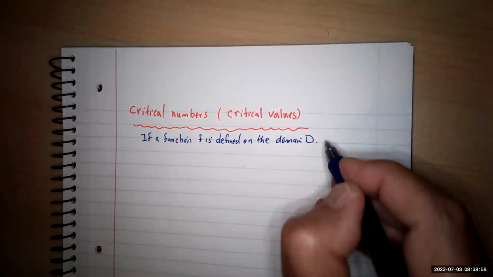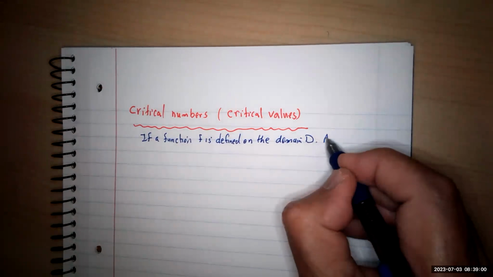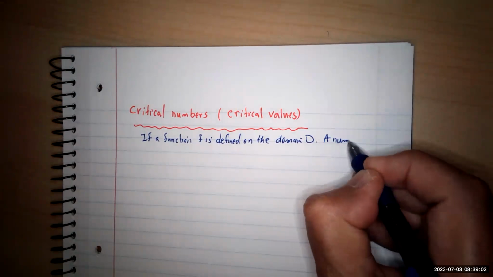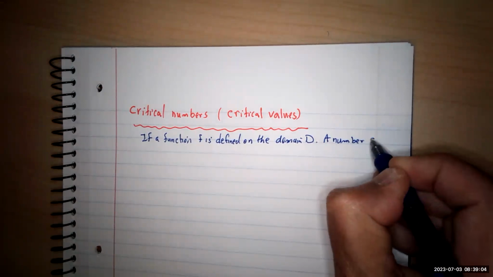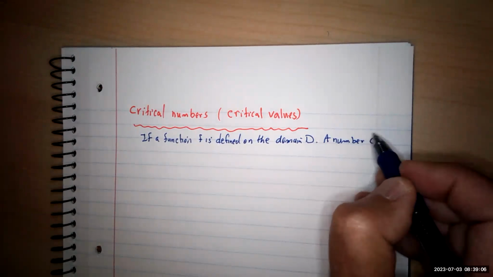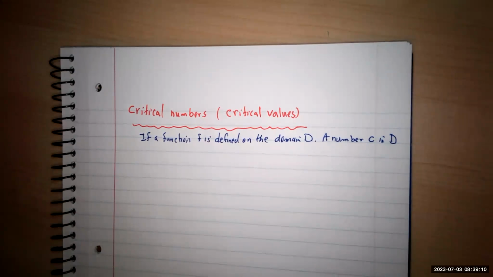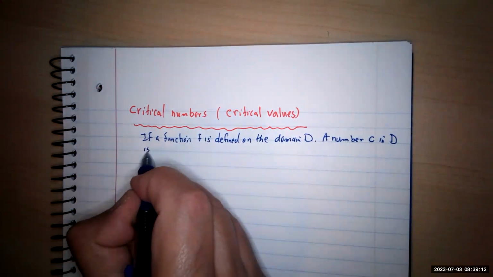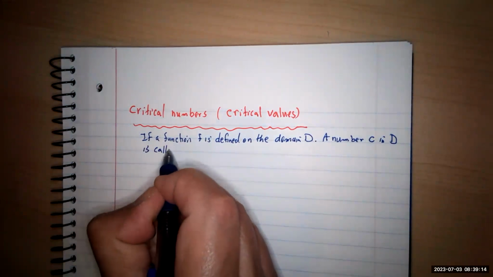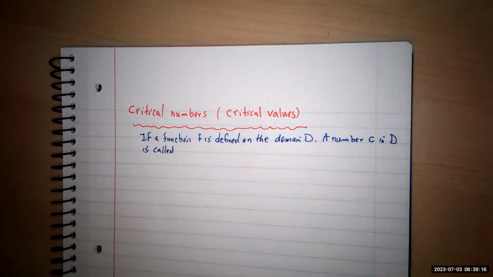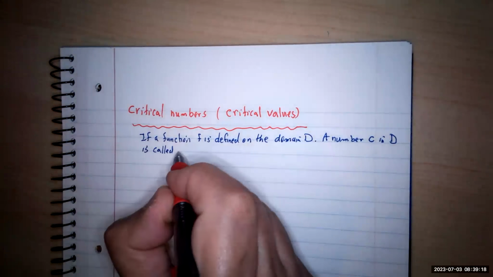A number c in the domain D, it must be in the domain, is called a critical number.